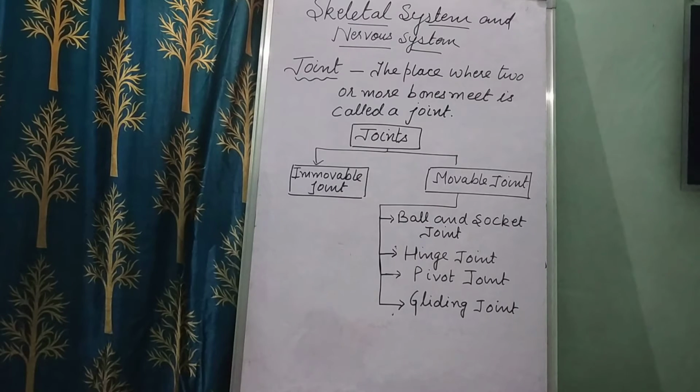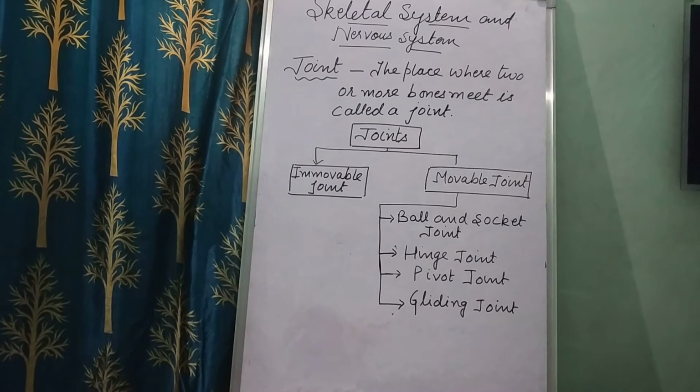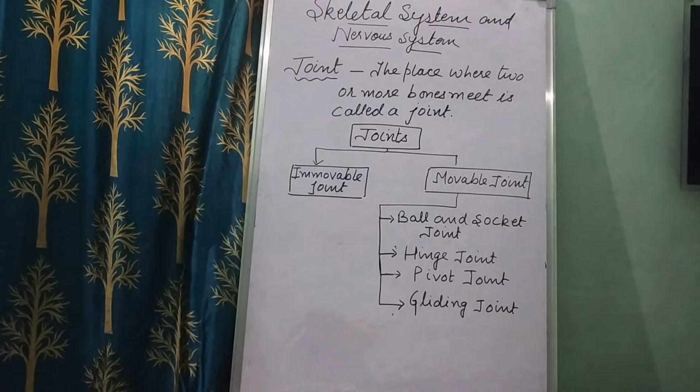For example, the bones of the skull. Immovable joints are basically found in your skull. As you all know, the skull is a part that protects the brain. So the skull is made up of bones of the head as well as facial bones, right? So immovable joint is present in the skull.